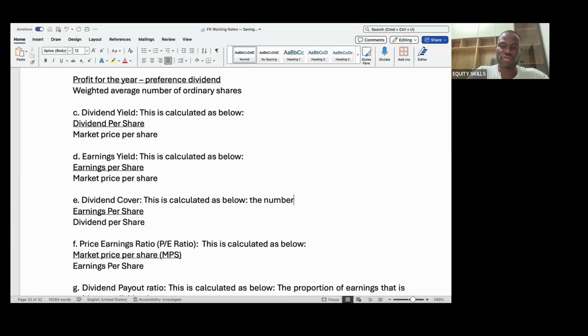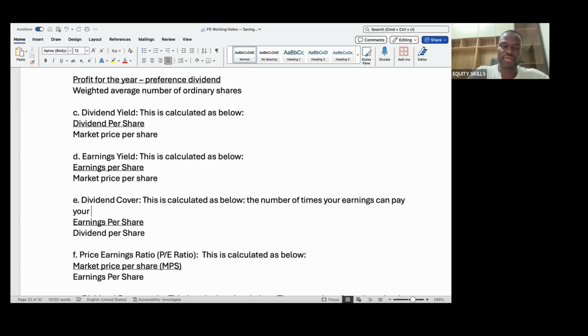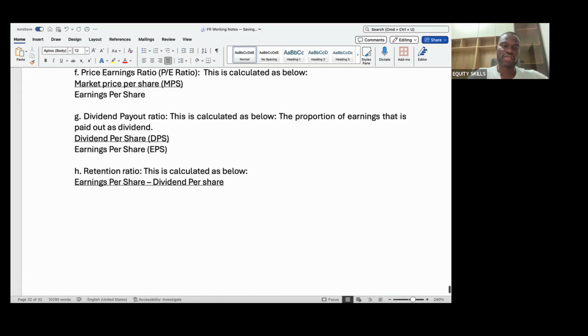The number of times your earnings can pay your dividend. So it could be 2 times, could be 3 times, and all of that. Whereas the payout ratio would majorly be expressed as a percentage in most cases.